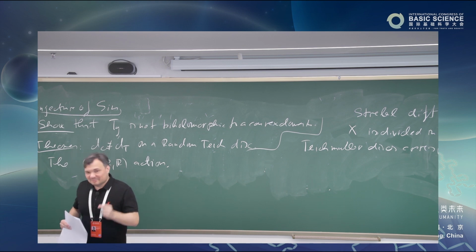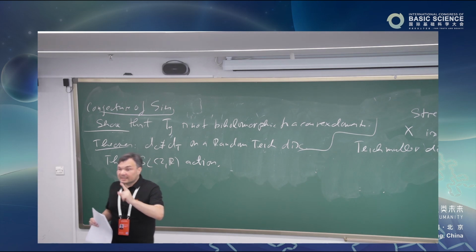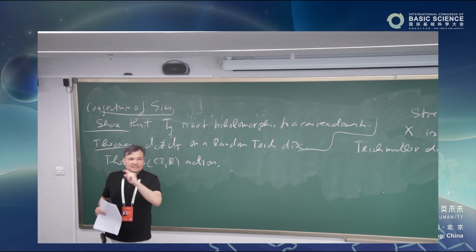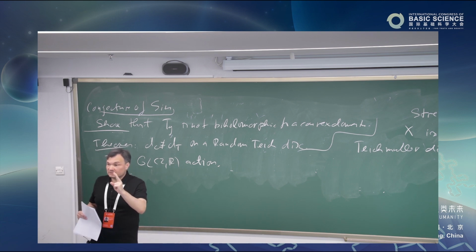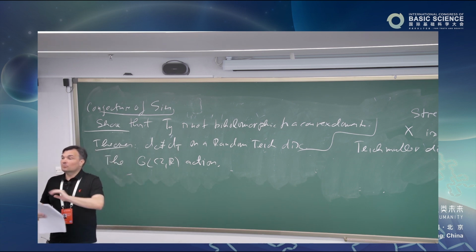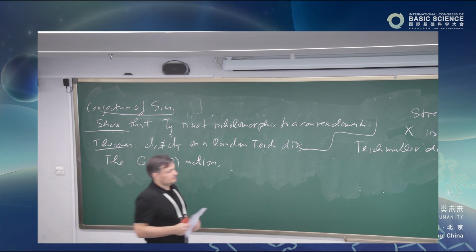I'm lying a little, but not by much. If you have a stable differential with at least 2 cylinders, one cylinder is no good. But if you have a stable differential with at least 2 cylinders, with an odd order zero, then that's not a holomorphic retract. So that would be this criterion.